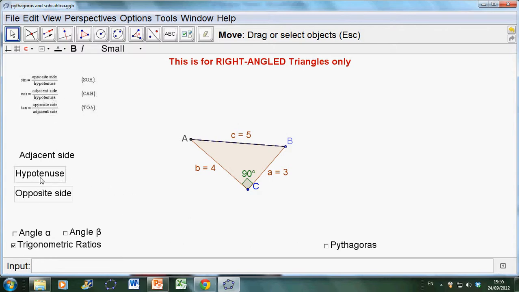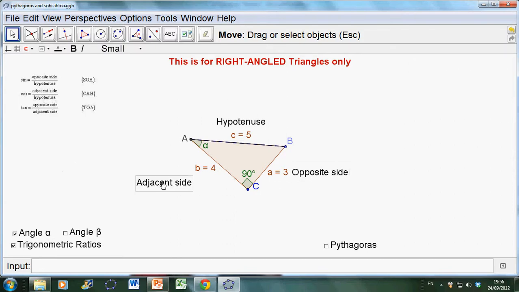And the hypotenuse will always be the side opposite the 90-degree angle. So in our example here, I've just put the label there. If we're specifically talking about this angle here, alpha, well then the opposite side is side A and the adjacent side is side B, because side A, the side length 3, is directly opposite the angle alpha, and adjacent meaning beside, side B is adjacent to the angle alpha.